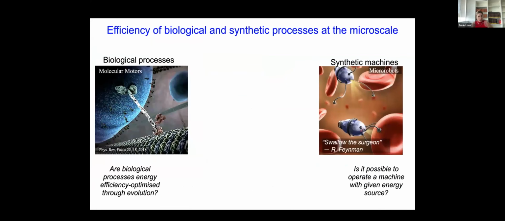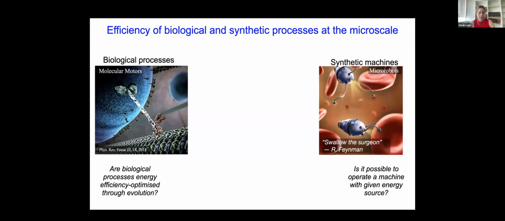As you all know, the framework of stochastic thermodynamics provides us with tools to quantify the efficiency of biological and synthetic processes at the microscale. In the last talk, we heard a lot about these biological processes, which are really complicated and quite fascinating.